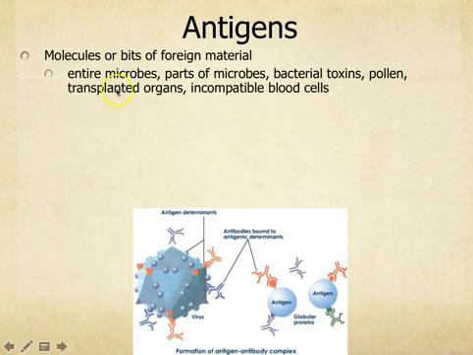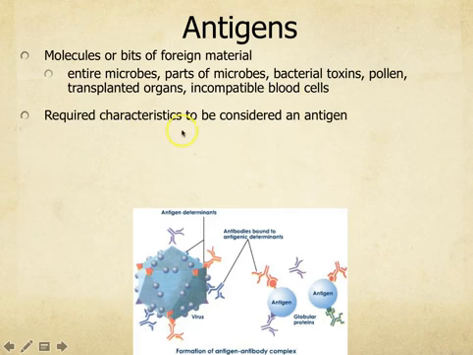The transplanted organ part is only going to refer to the T cells attacking that, but it still is an antigen. We talked about antigens in the red blood cells, the A antigens for type A, B, Rh for B positive.